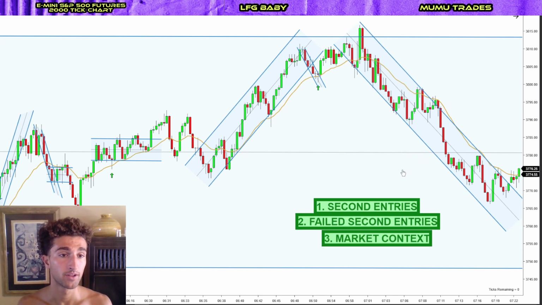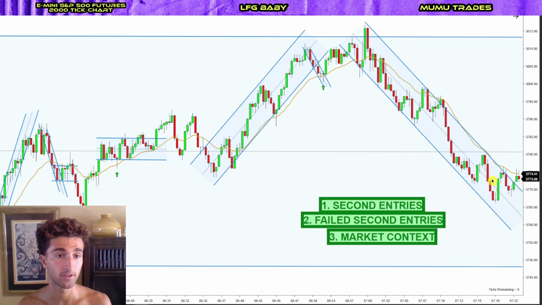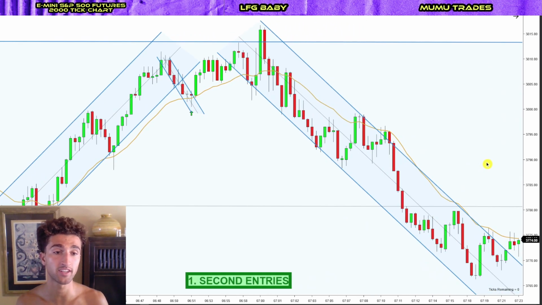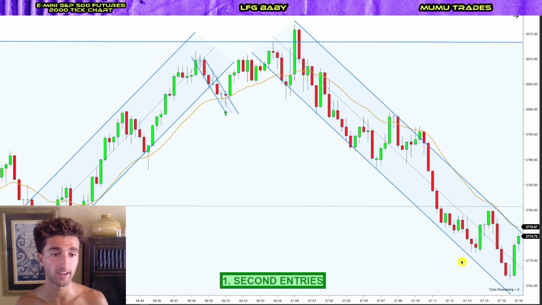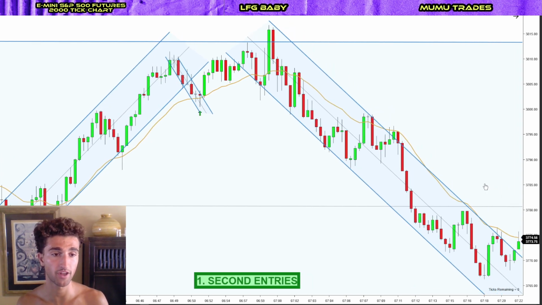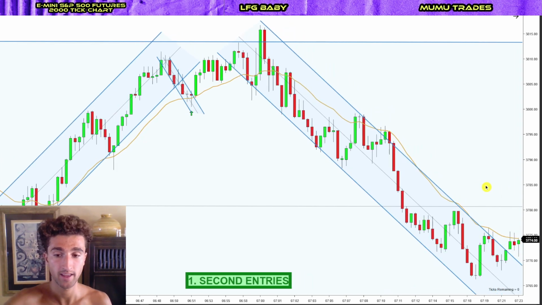Now, we have a new low, we have a first entry short, and another second entry short. This is going to be a very, very good trade to look at because there's a second entry short that formed once the bar breaks below the previous one. So we had one leg up, first entry short, another leg up, second entry short.